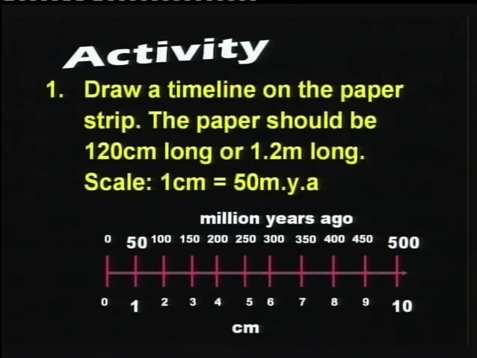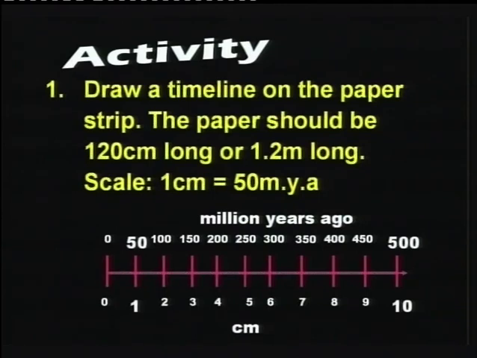And we are going to use the scale 1 centimeter is equal to 50 million years ago. I have started you off by drawing this. This is not drawn to scale, I just estimated, but for you, you must draw it according to the measurement on the meter ruler.